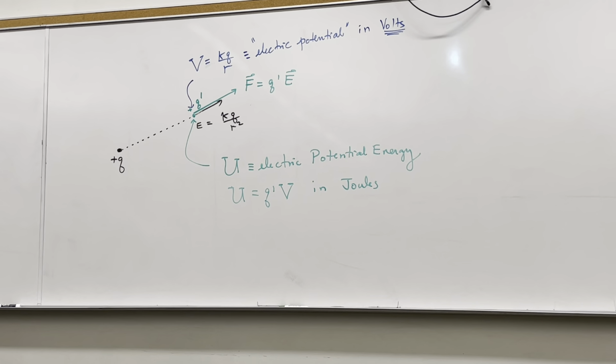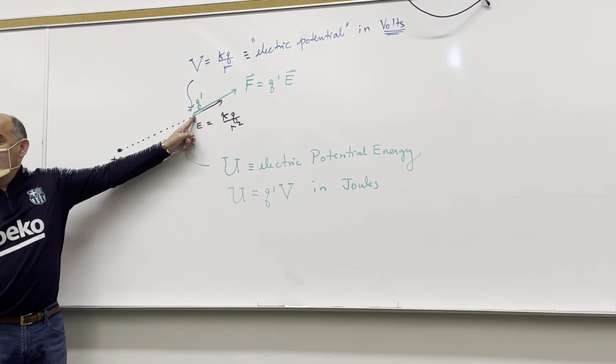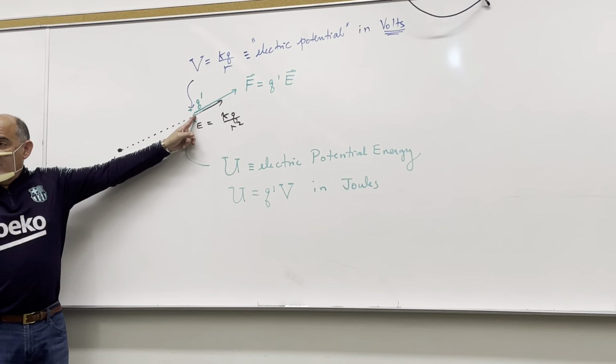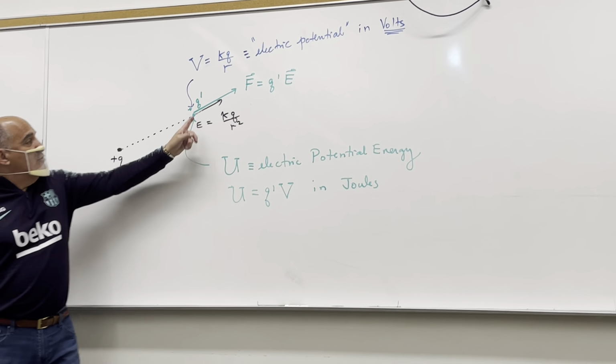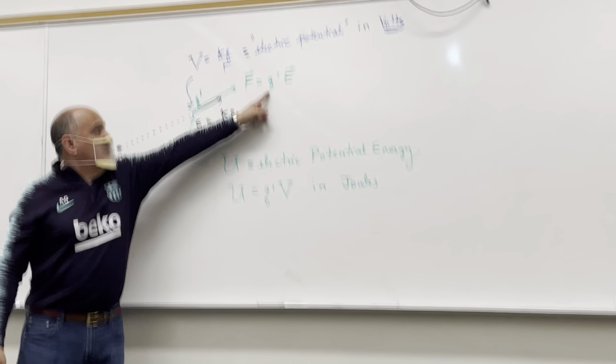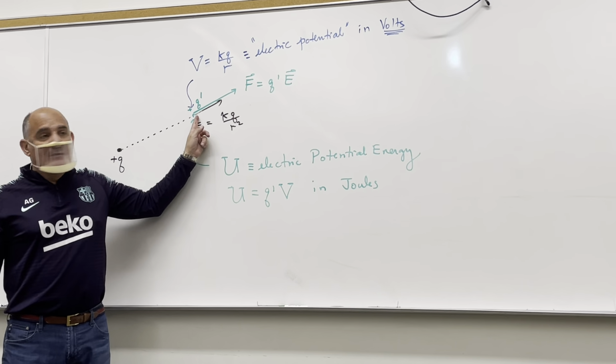Is the Q in the V somewhere, is it a Q or a Q prime? No, it's this one. This one produces that V over there. And when I place a charge Q prime over there, the energy of it is Q prime times that V produced by the first one. So the force on that is Q prime times the electric field right there, where Q prime is at.